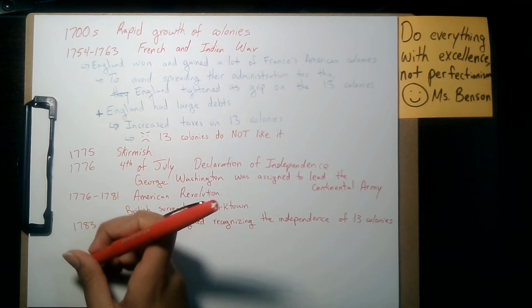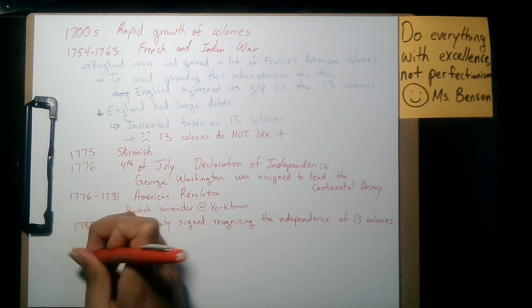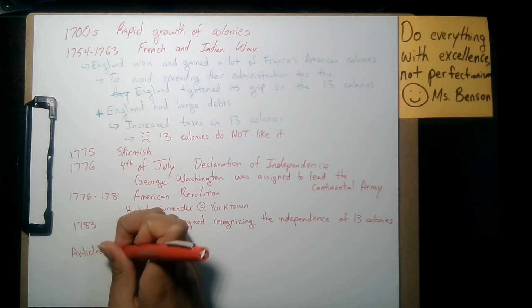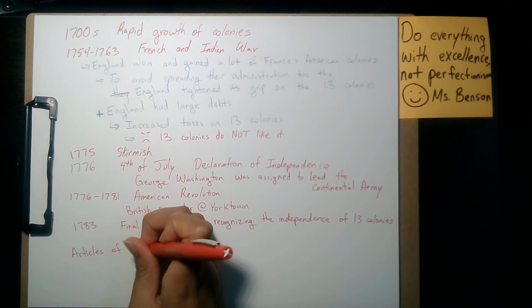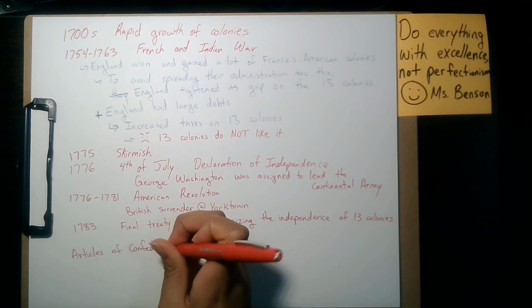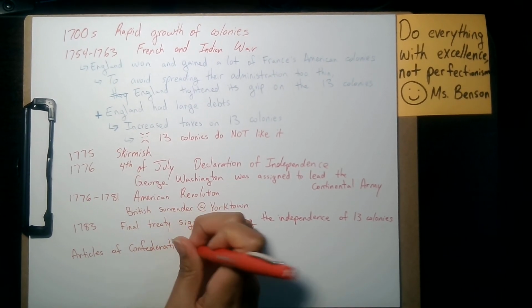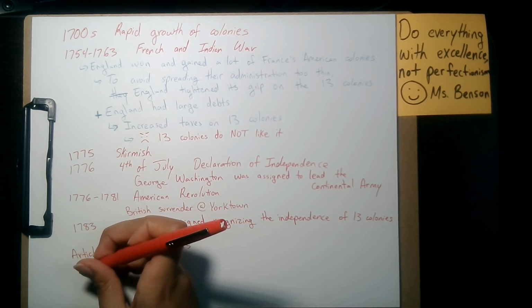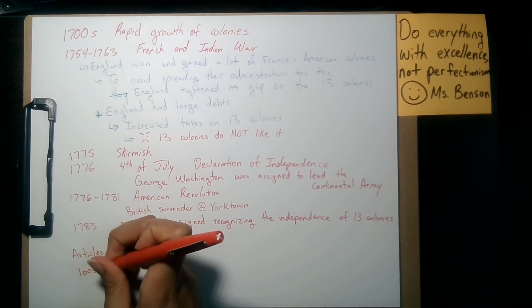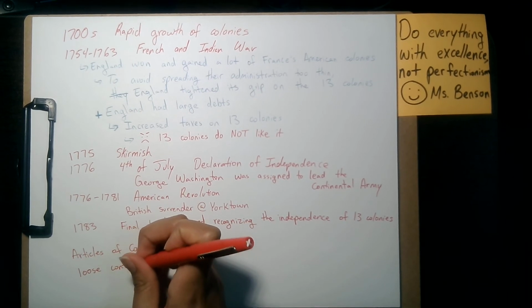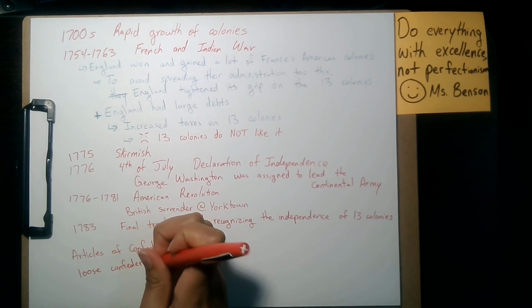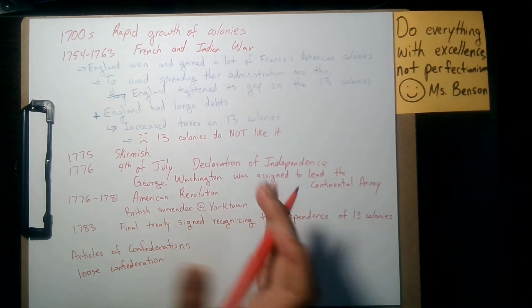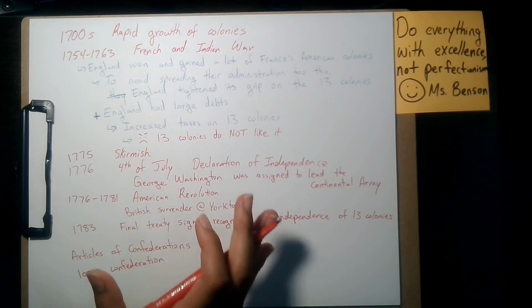So we started off with the Articles of Confederation. This was basically a loose confederation. They weren't really tied to each other.